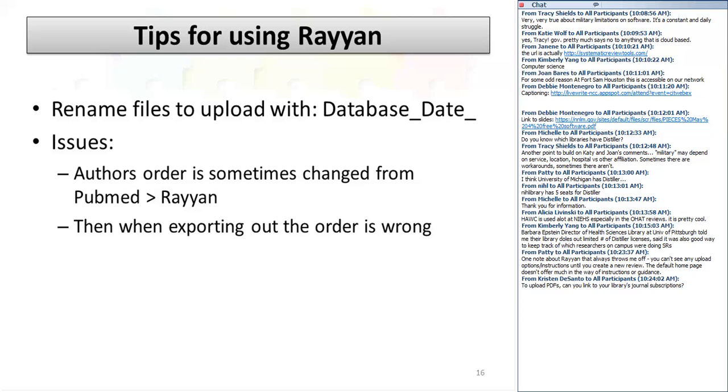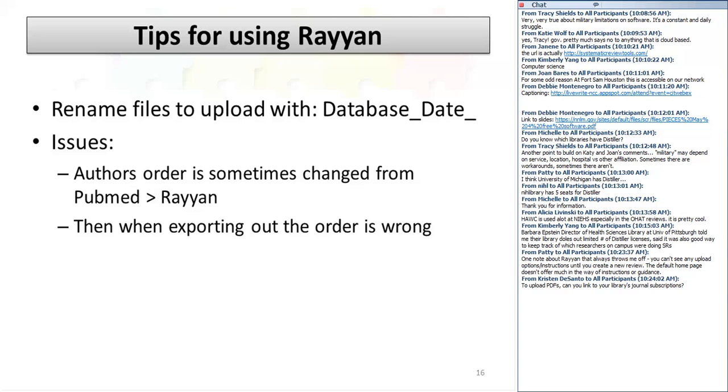So there are a few issues with Rayyan. One thing that we've noticed, especially with PubMed, is sometimes when I import the data from PubMed, Rayyan will show the authors' names out of order, so the first author is not the first author listed there. And then when I export that into another tool like EndNote or RefWorks, it's wrong as well.